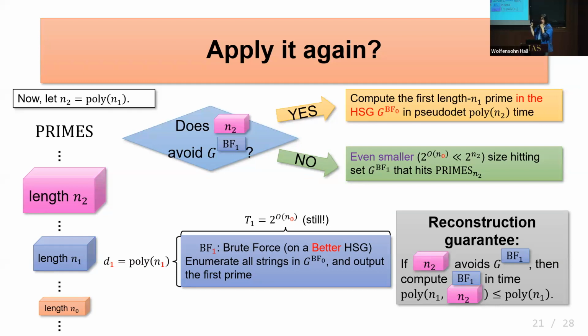Does this make sense? So you get a canonical length N1 prime. That's not a generator, that's an algorithm. The output of this algorithm is the first prime in the generator G of BF0.